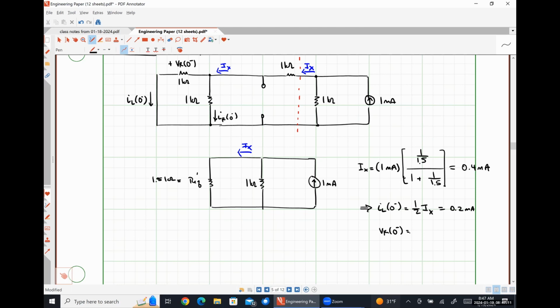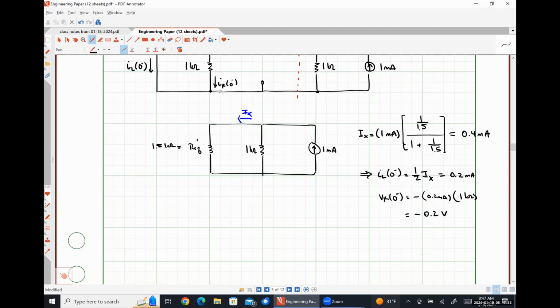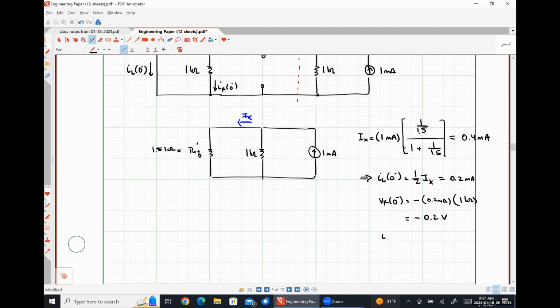So 0.2 milliamps times 1 kilo ohm should give me 0.2 volts, and then it will have a negative sign because the current's flowing into the negative polarity terminal. So negative 0.2 milliamps times 1 kilo ohm comes out to be negative 0.2 volts. And then IR at 0 minus is also just going to be 1/2 IX, or 0.2 milliamps.